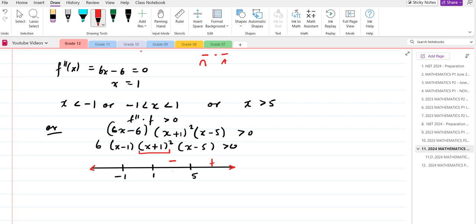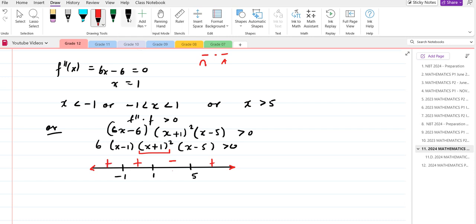If I substitute any value between minus 1 and 1, like the number 0, I get negative here, negative there, I'm getting a positive. Negative, negative, positive. If I substitute any value less than negative 1, like minus 10, negative, negative, getting a positive. So see the problem. Plus, plus, minus, plus.